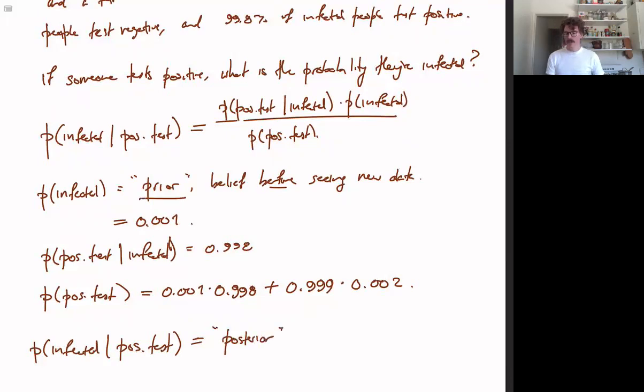So prior means before we see extra data, what are our beliefs? And posterior means after we see this new data, namely the positive test, how does that change our beliefs? So the posterior is our updated beliefs based on new evidence.